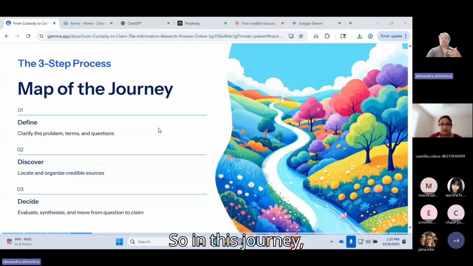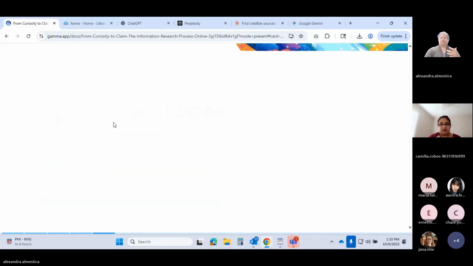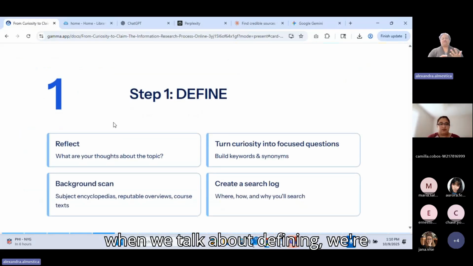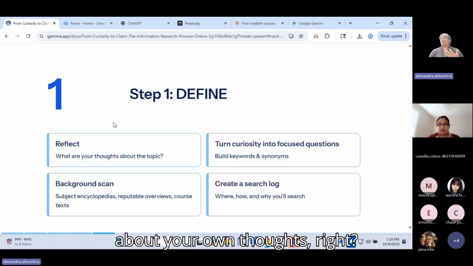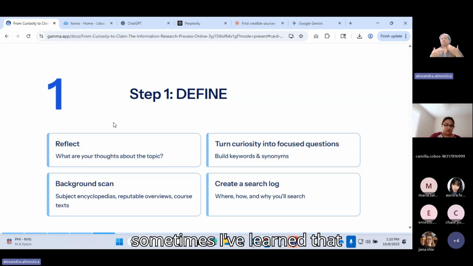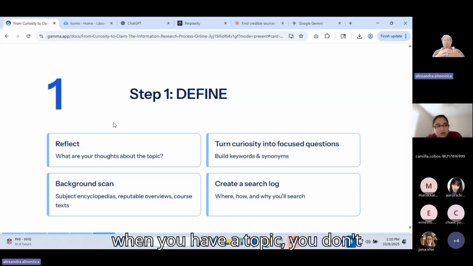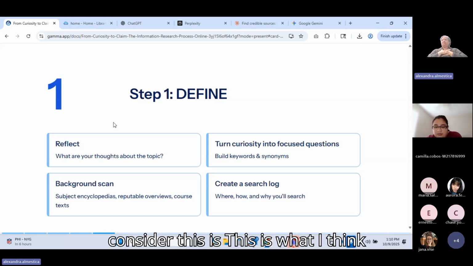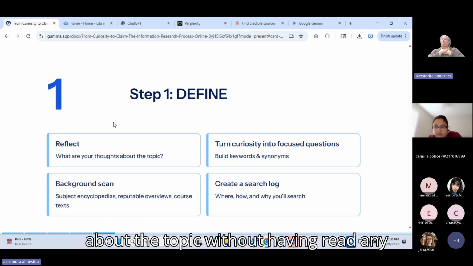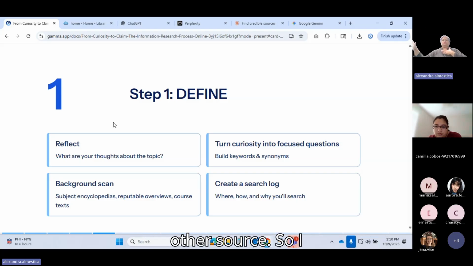So in this journey, when we talk about defining, we're talking about thinking about your own thoughts, right? And this is really interesting because sometimes I've learned that when you have a topic, you don't consider what you think about the topic without having read any other source.